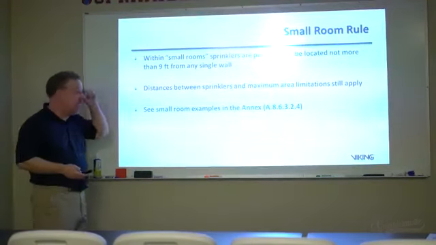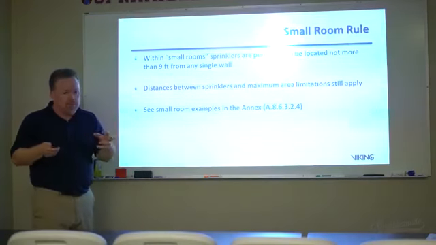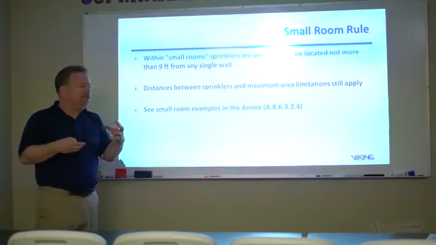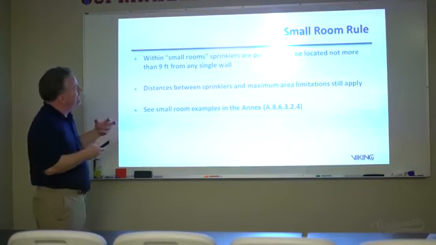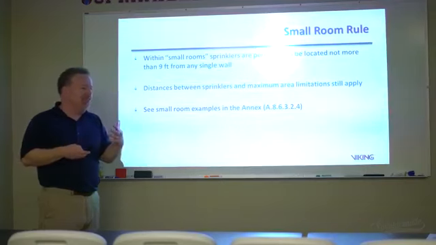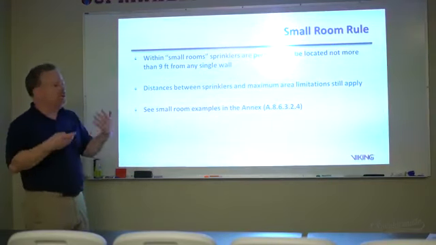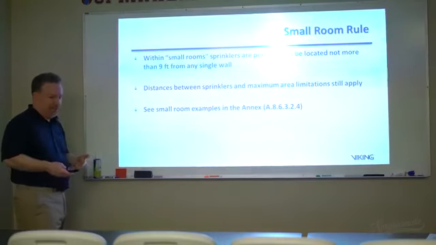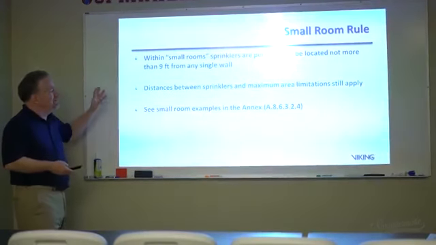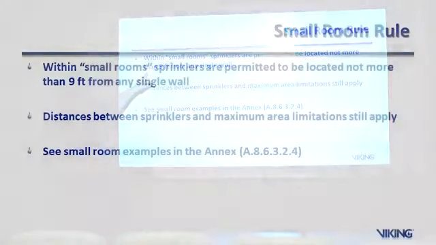Now, in some cases, we may run into a room that is particularly small. It's kind of inefficient, overkill, to put 2 lines of sprinklers in a given area. Sprinklers are permitted to be located not more than 9 feet from one wall.